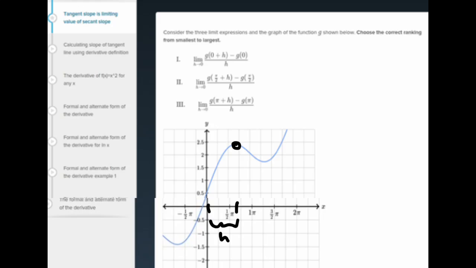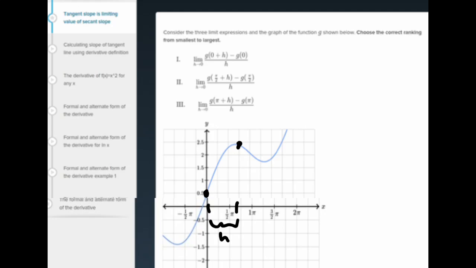So really you're making this point slide closer and closer to an x value of 0. So instead of having a secant line that looks like possibly this, you're really taking the limit as h gets closer and closer to 0, meaning this point is sliding further and further over on the blue part of the graph.